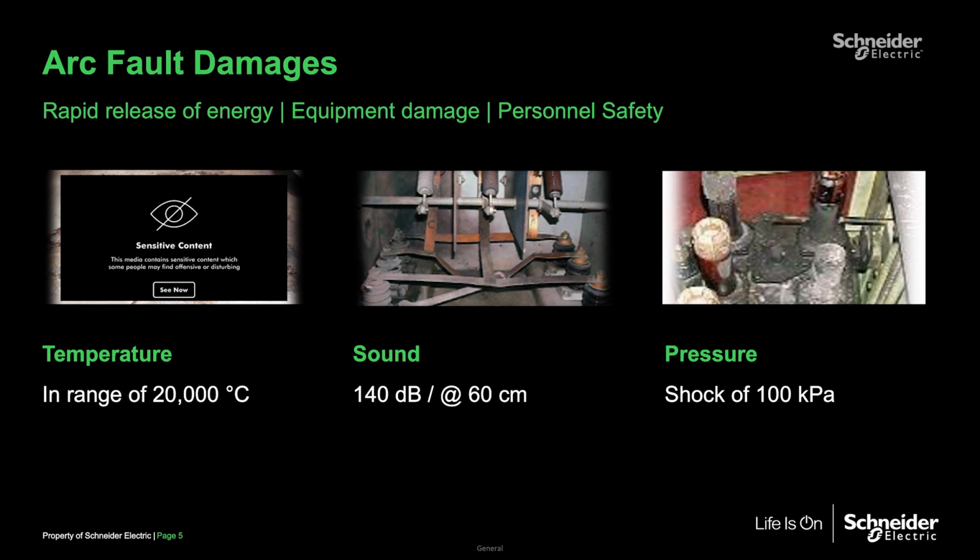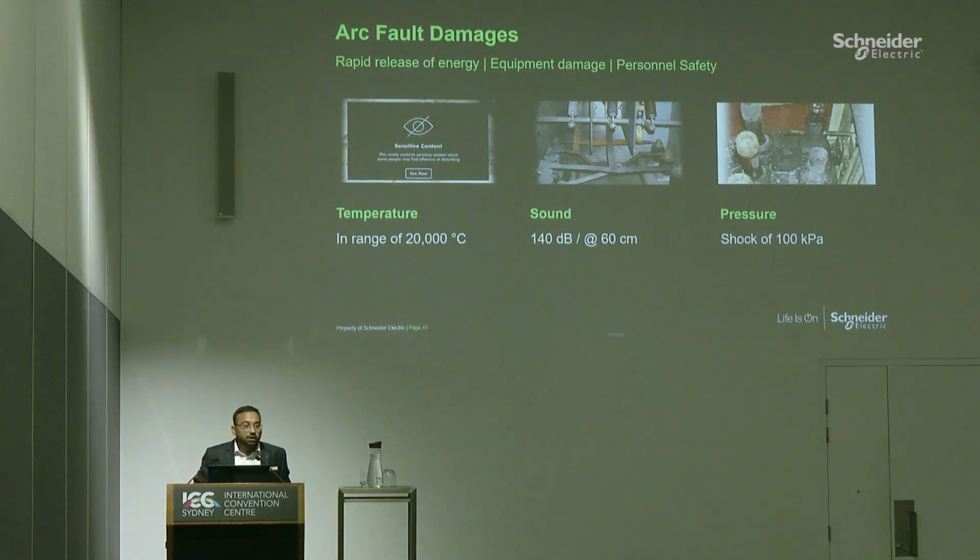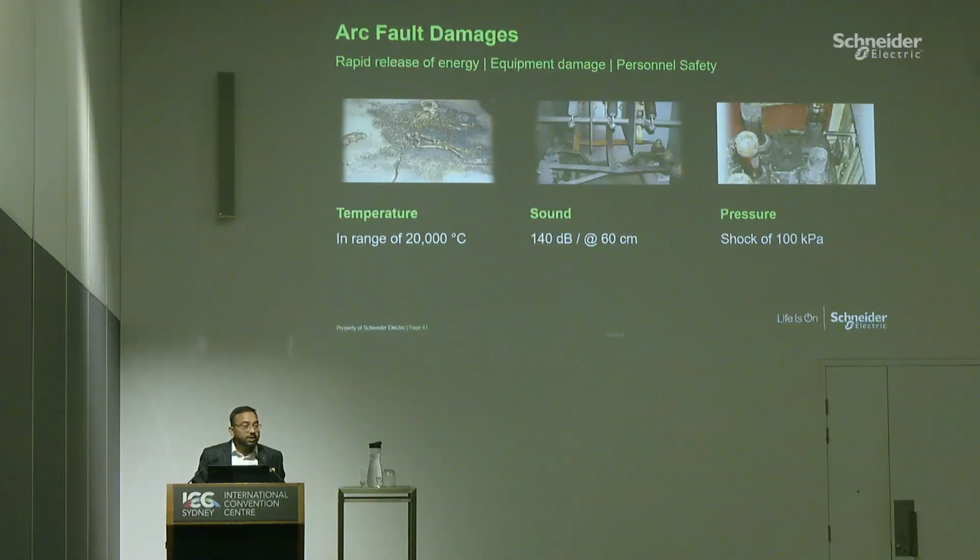In terms of temperature, it can go up to a range of 20,000 degrees Celsius. Now I'm removing the blur, and you can see what has happened to an animal which entered a substation and led to a flashover. Something of this sort can be a reality.